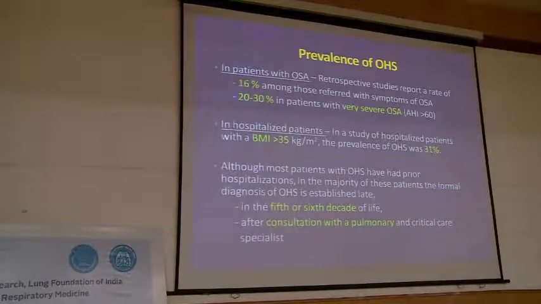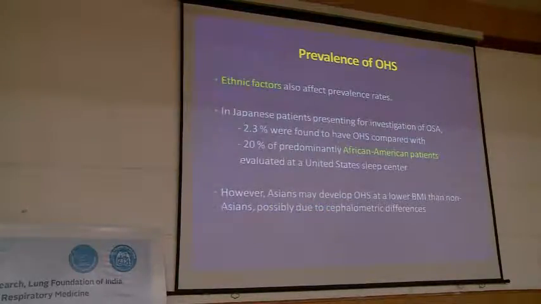The diagnosis is missed despite multiple admissions, and only when they reach the 5th to 6th decade of life do we make it. Fortunately, the diagnosis is finally made when these patients are referred to pulmonologists or critical care specialists. So we are the ones looked upon to diagnose this condition, and therefore we have to really look for it.